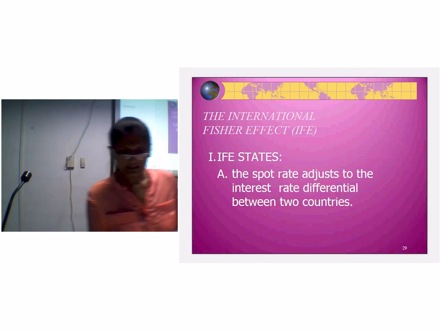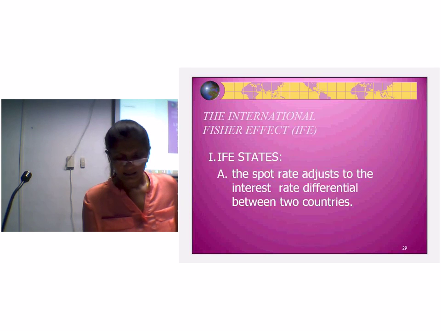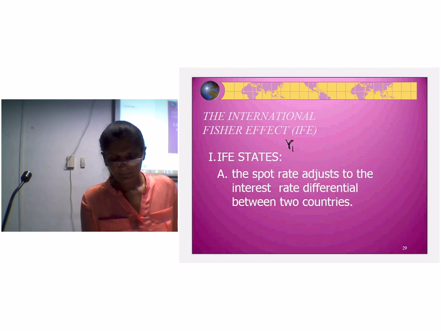What it says is that the inflation adjusted interest rate between two countries should be equal, right? So this is the home country interest rate. We say RH minus RF, which is the interest rate differential between two countries.